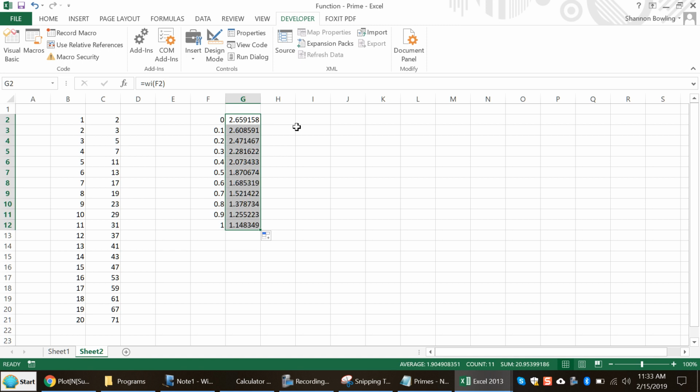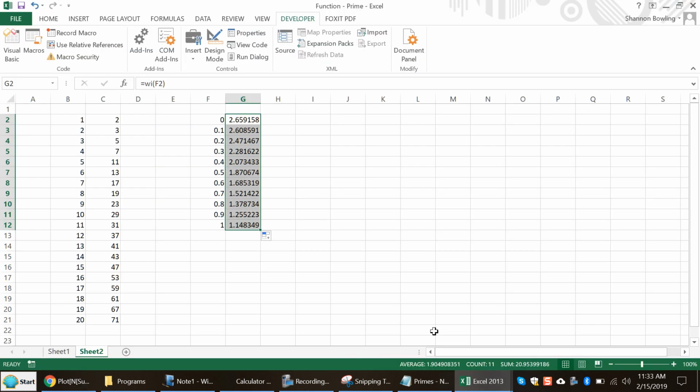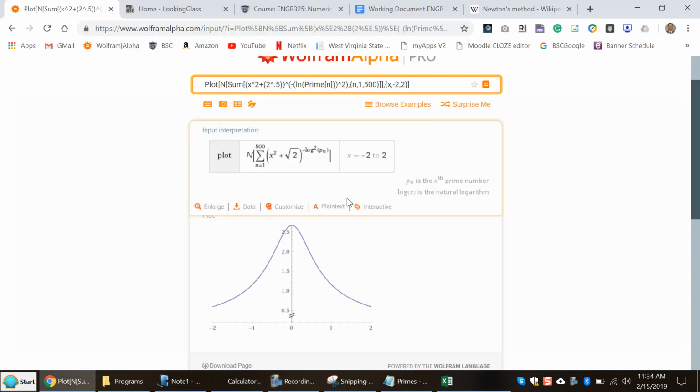That took a little bit, right? So now let's suppose I take this function, which I graphed in Mathematica, and I want to set it equal to where it is equal to itself. How do I go about doing that? Okay. Well, here's what I can do. I can use Newton's method to solve that.